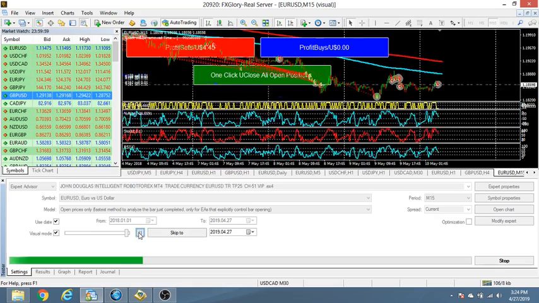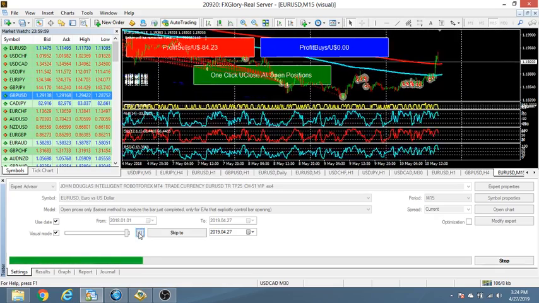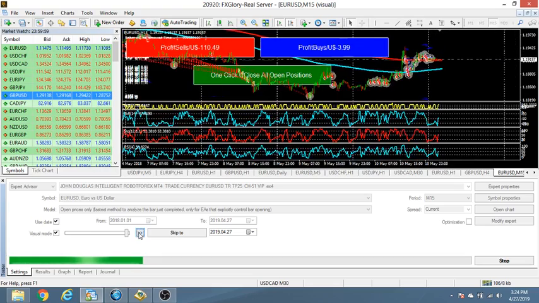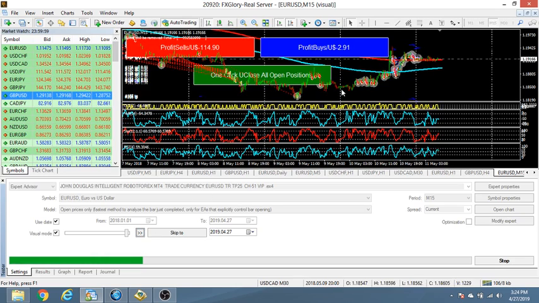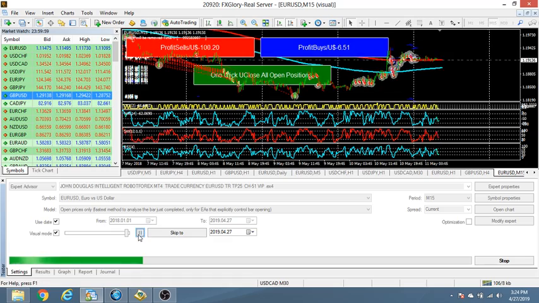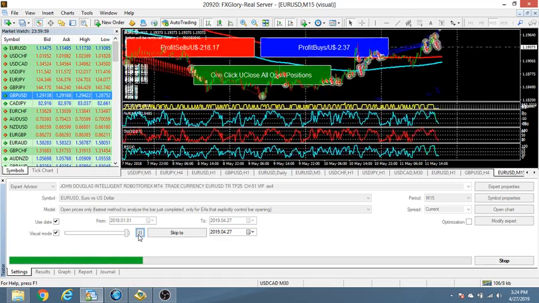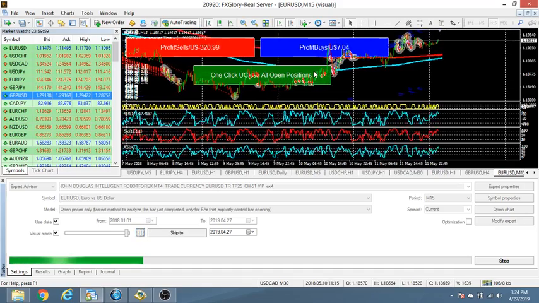See that? Every time it opens a position, this is 100% profit. Now you can see it can open buy and sell both at the same time. And then it displays a negative number, and the negative number here will soon disappear.